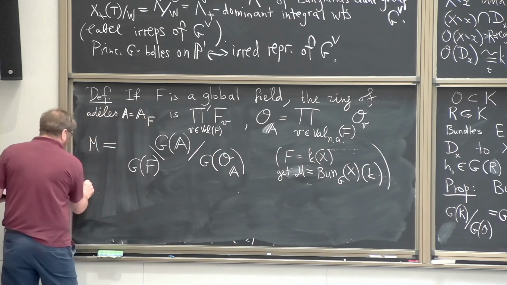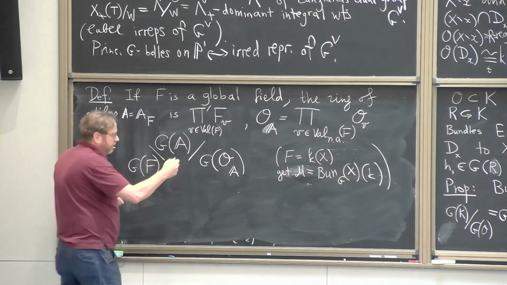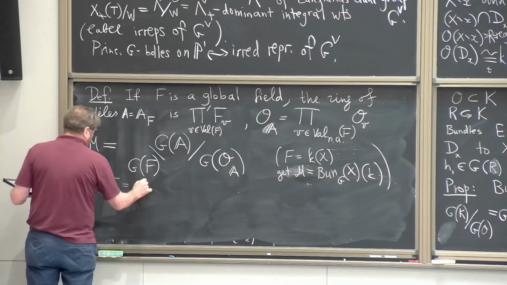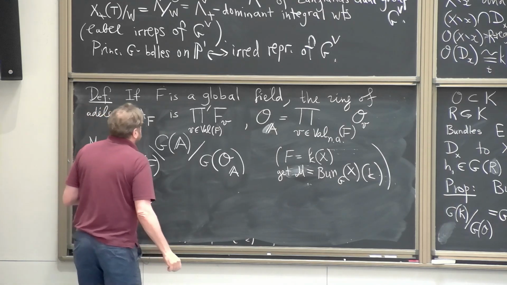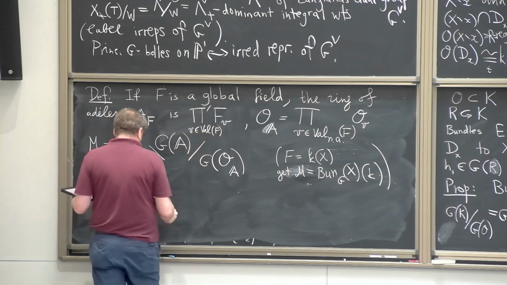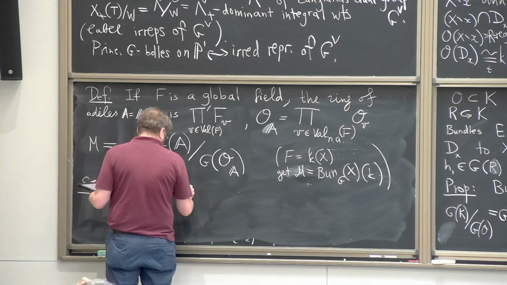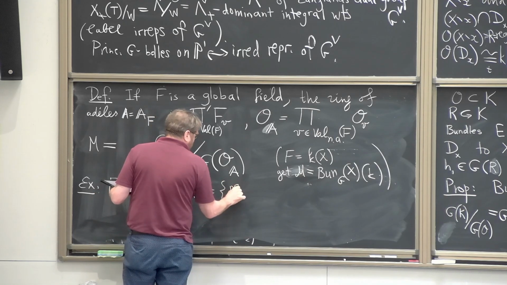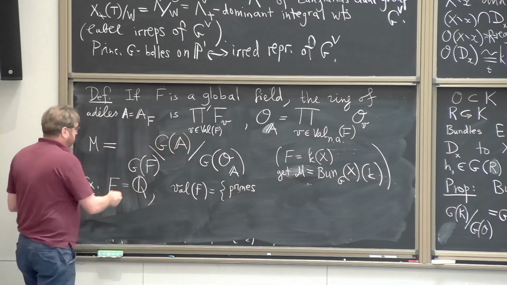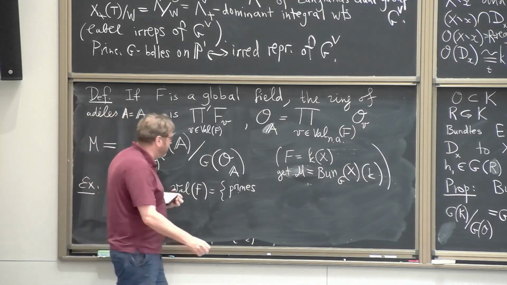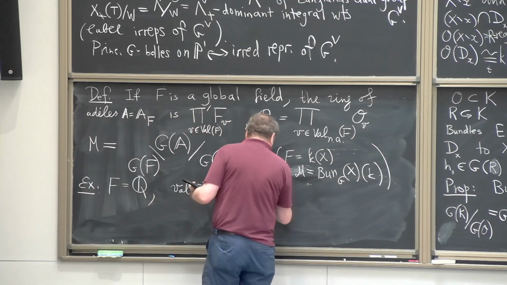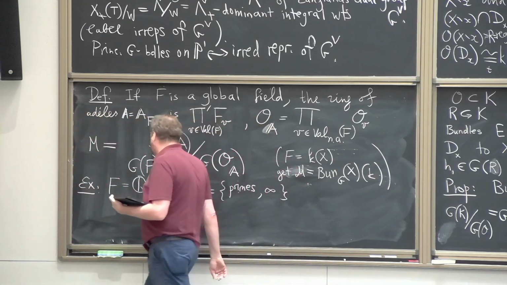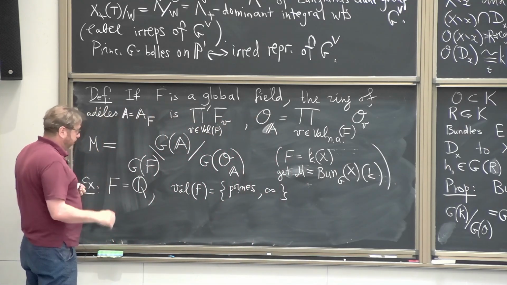Okay, and so an example which is not of this type: we should take a field of characteristic 0, so F equals Q. In this case, the valuations are all the primes, which correspond to embeddings of Q into the p-adic fields Q_p, and also infinity, which corresponds to the usual absolute value. If you complete Q with respect to that valuation, you get the real numbers.